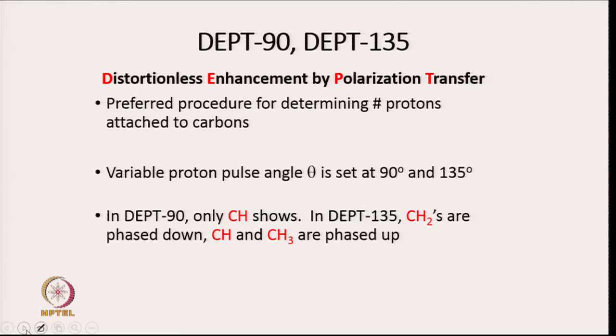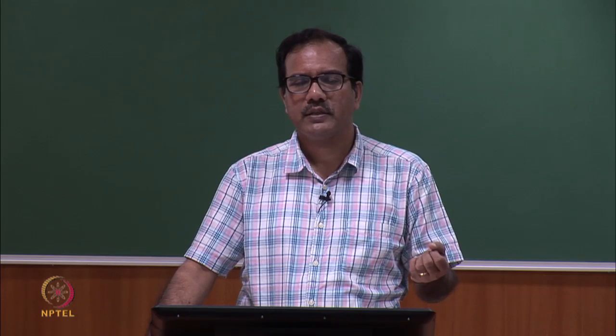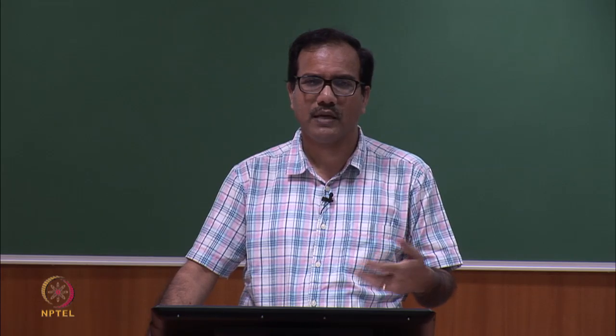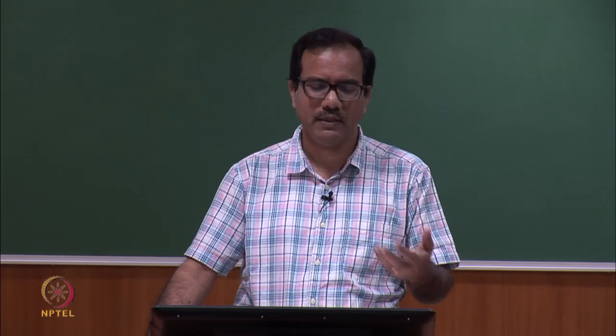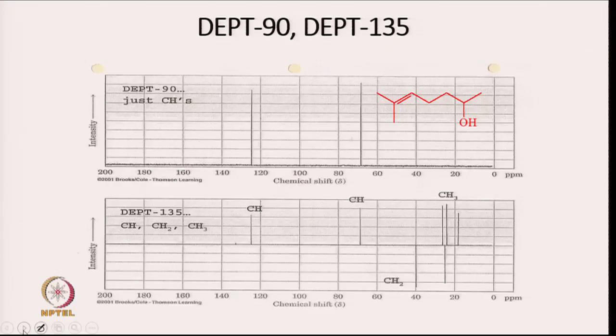So, you will get positive signal and negative signal depending on the kind of carbon. Here when I say kind of carbon, I mean how many protons the carbon is attached to. So, this is an example of DEPT 90 and DEPT 135 of this molecule.